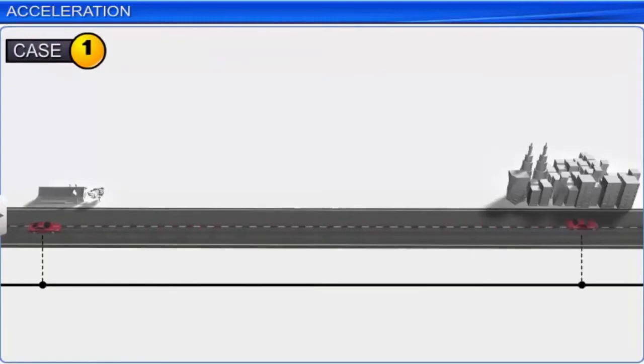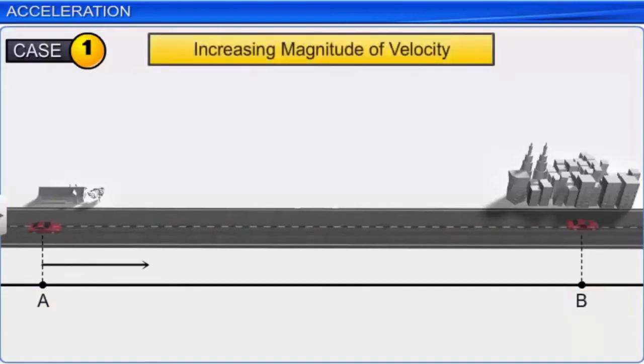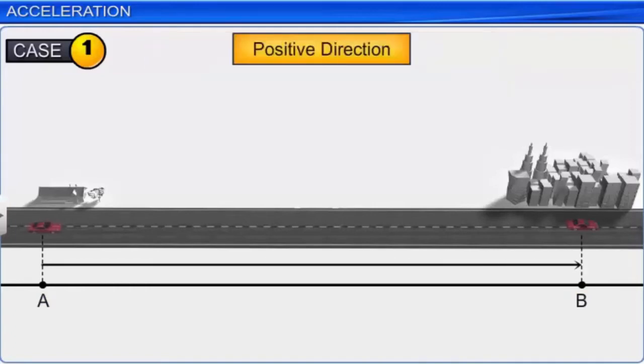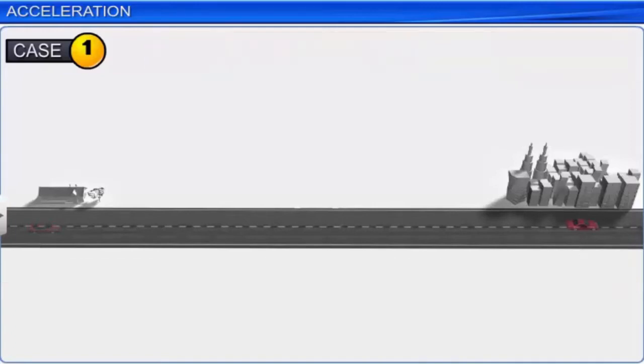The body is said to be moving in the positive direction. Here, delta V is positive and direction of motion is positive. Therefore, with these two values being positive, acceleration is also positive.